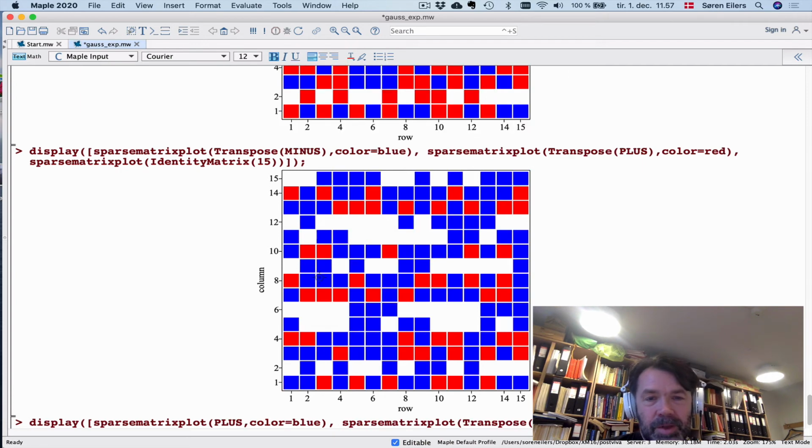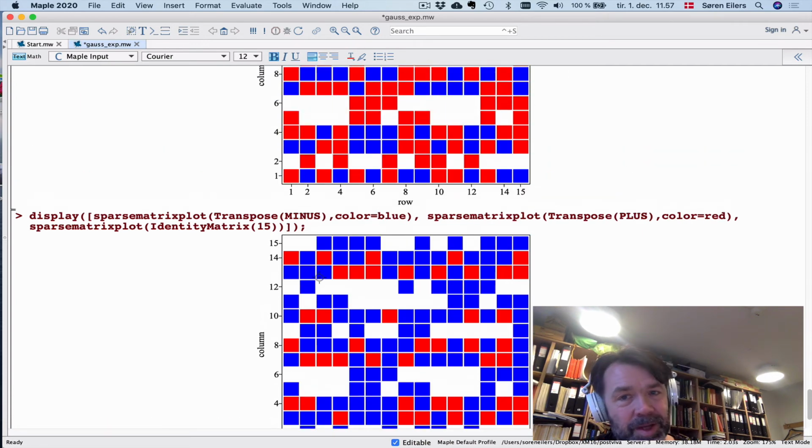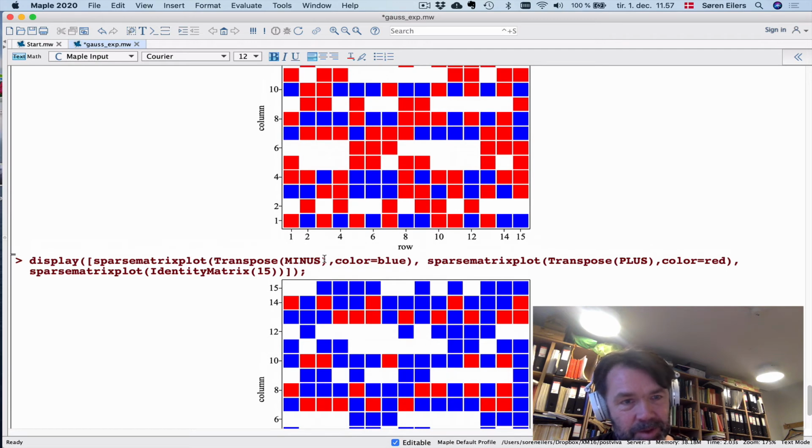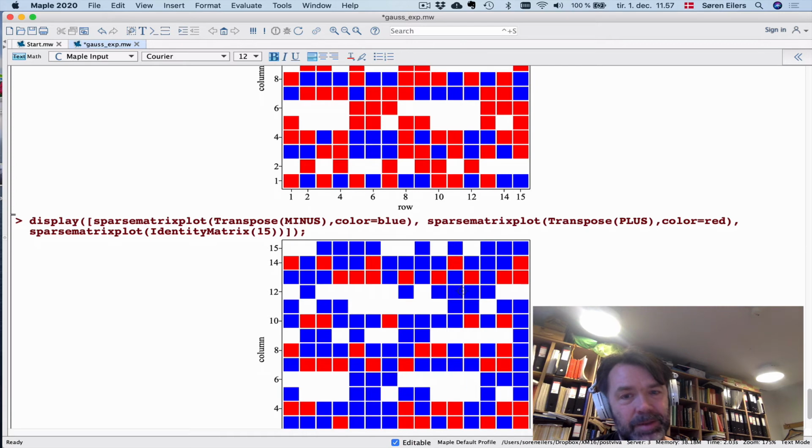And I can do things where I put things in different orders. So it's the same plot, but I interchange the order of the minus and the plus plot. That means that the blue will go on top of the red.